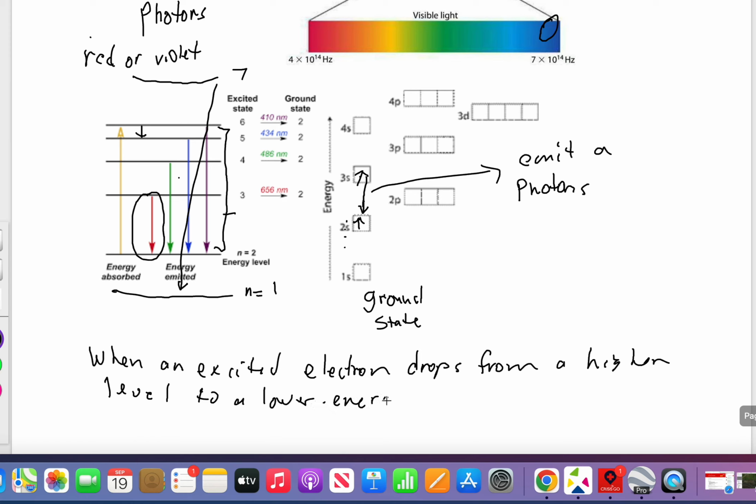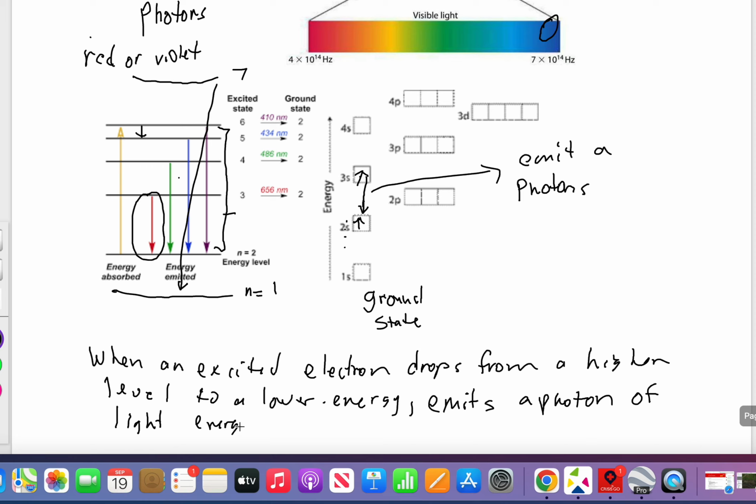It has to get rid of some of its energy to go down in energy. So when it drops from a higher energy level to a lower energy, it emits a photon. And a photon is energy that sometimes people can see. So when it emits just the right amount, we can see it. So it emits a photon of light energy.